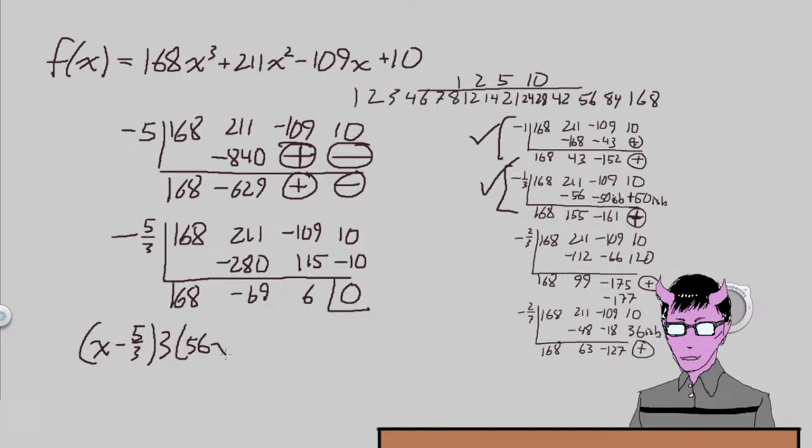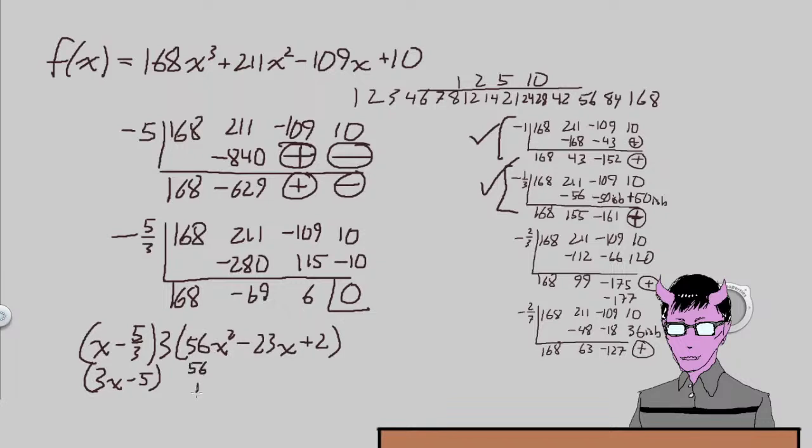This is a quadratic, because this was only cubic. So divide by 3 is 23. Divided by 3 is 2. Alrighty, we'll distribute this 3 to those ones, giving us 3x minus 5. As promised.